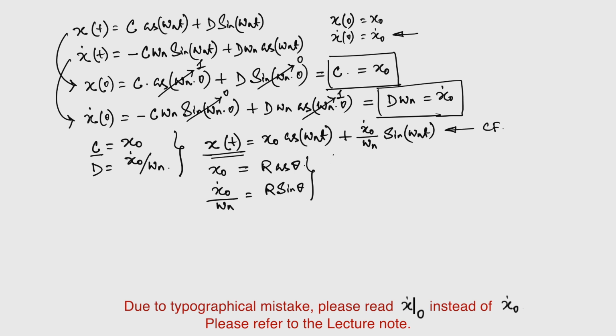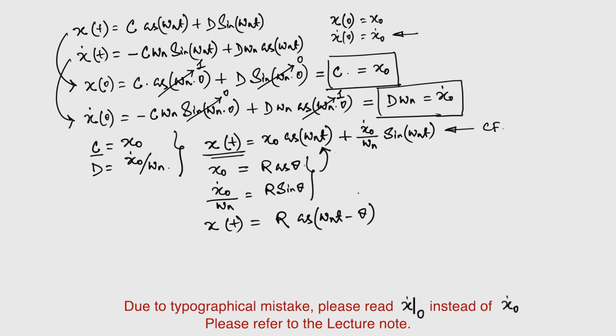So, let us see how we can do that. So, if we put this expression back here, what we will get, x of t will be equal to r cos omega n t minus theta.